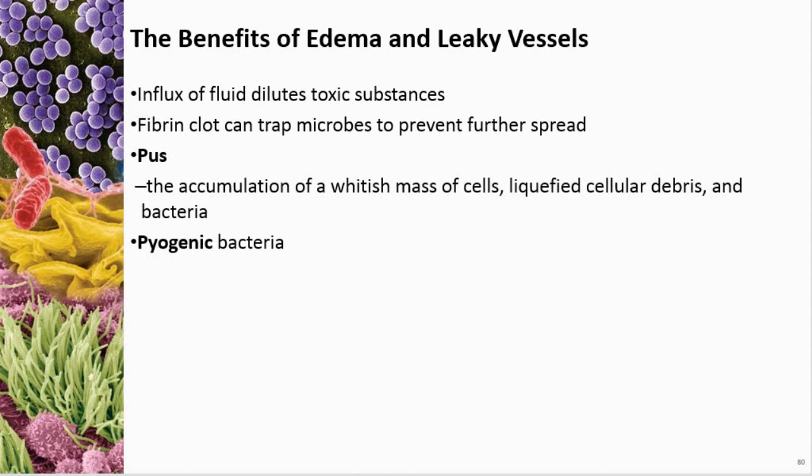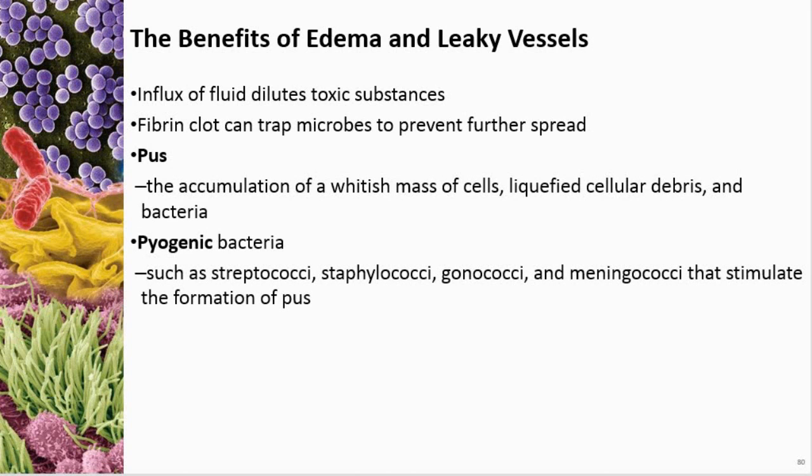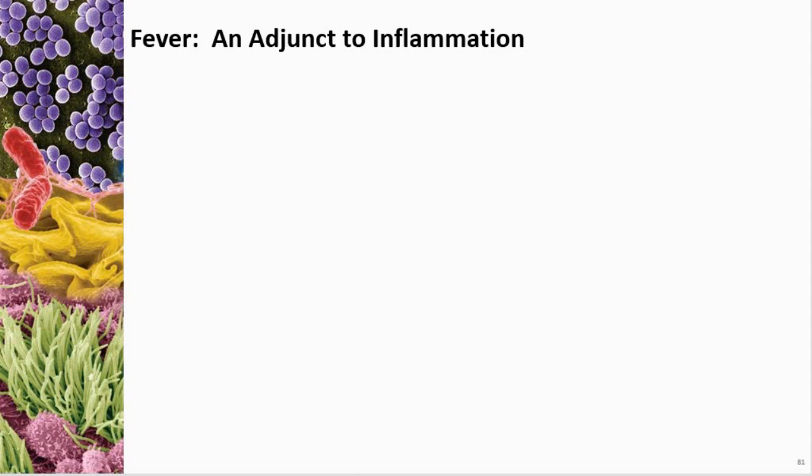So pyogenic bacteria, examples of those are strep, staph, gonococci, which produces gonorrhea, meningococci, which produces meningitis. All of these things can stimulate the formation of pus.